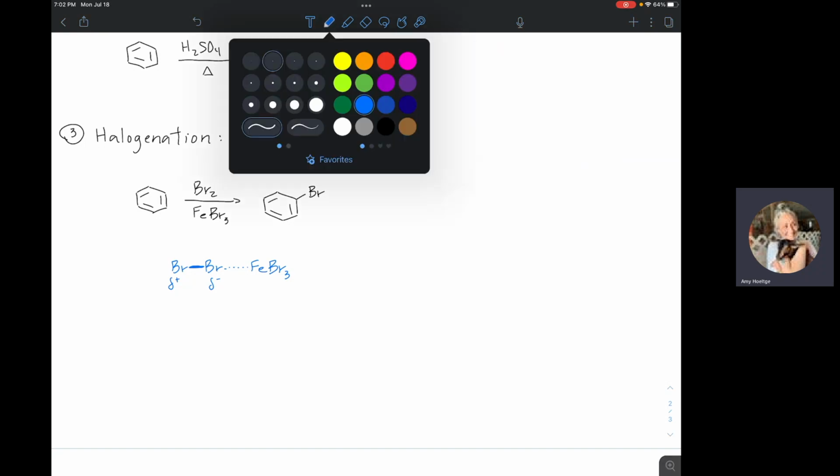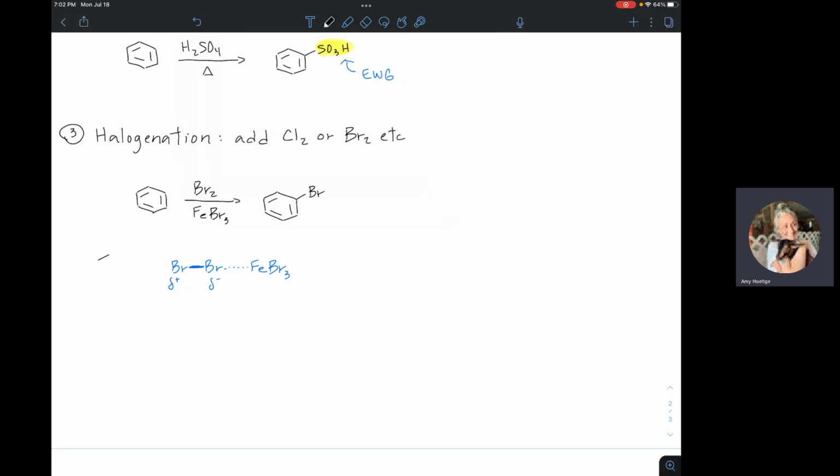The aromatic ring comes in, sees that bromine with its partial positive charge, and it is a better electrophile than just bromine on its own. So then this is going to take off. And the same old thing happens again.